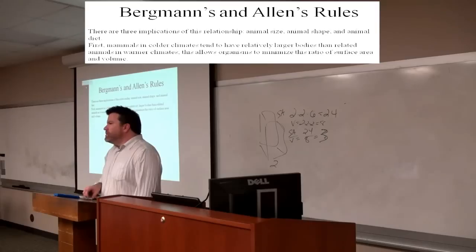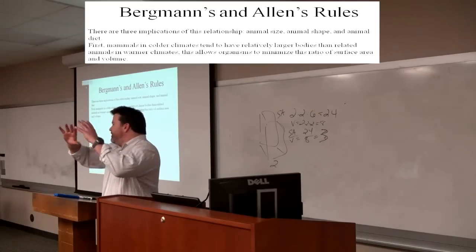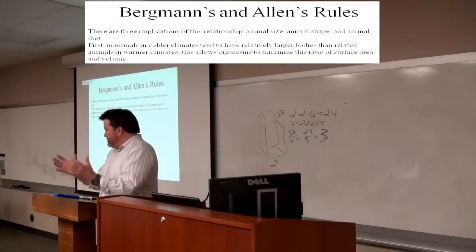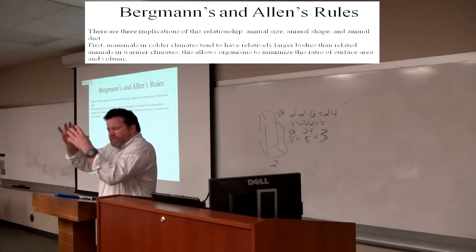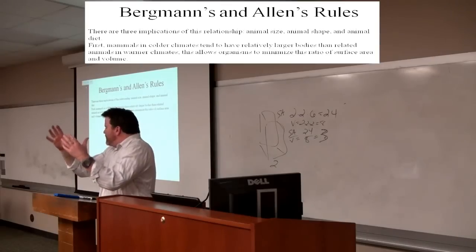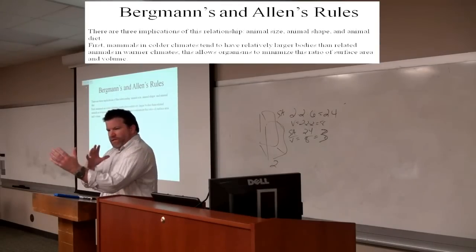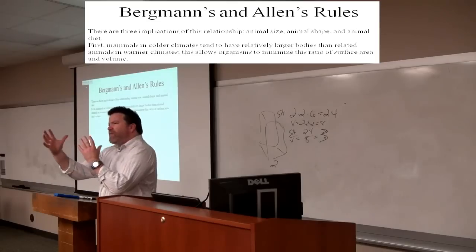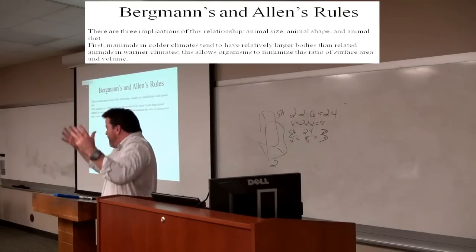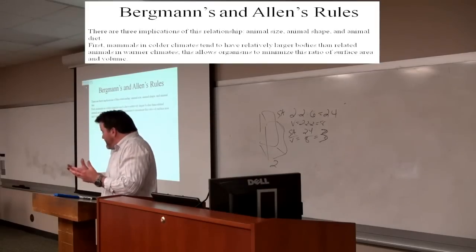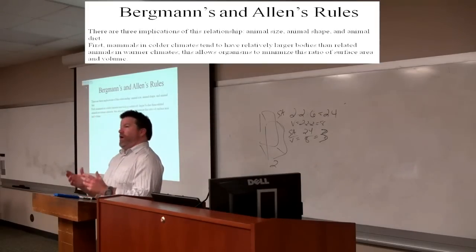Well, it's not the volume that's the relevant part. What is surface area going to cause to happen? Heat release. And if you can minimize the relative surface area, you can minimize the relative heat release. So mammals in colder climates try to minimize the amount of heat release by tending to be larger.